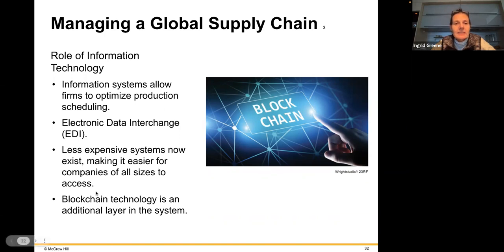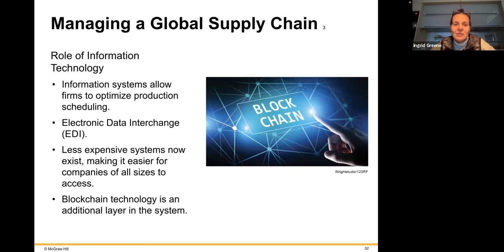Thankfully, it's become less expensive now, so you don't have to invest in a huge software like Oracle, making it easier for companies of all different sizes to access. You don't need to have a consultant and teams come to your organization for weeks on end to implement a software. You can buy something that's internet-based and a lot simpler to manage.